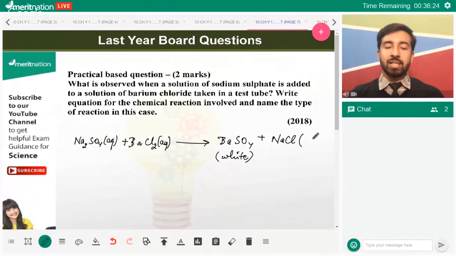So tell me the states of both of them, which are salts. What would be the state of both of these salts, BaSO4 and NaCl? For NaCl, the state would be aqueous, that's correct, Supreme. And for BaSO4, the state would obviously be solid, because it is the precipitate which is being formed that is settling down at the bottom of the reaction vessel.